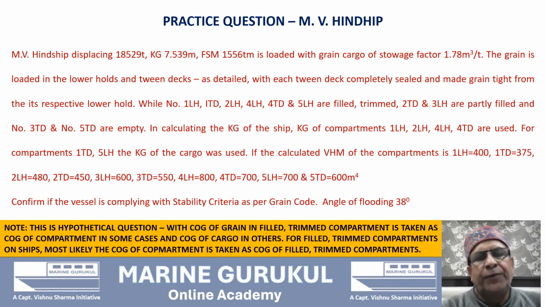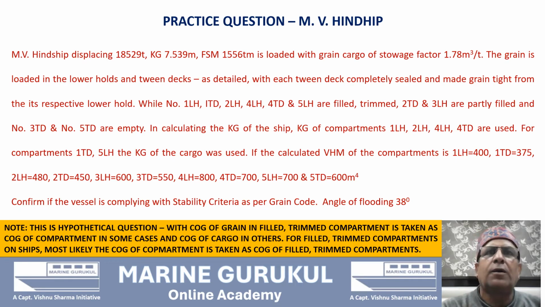Kindly appreciate it's a very hypothetical question, because we have tried covering all possible aspects here. Otherwise, on a ship, when the compartment is filled, trimmed, it's usually the center of gravity of the space which is used as the center of gravity of the cargo. Even if the voids are to be factored in, the same concept applies to all the holds.